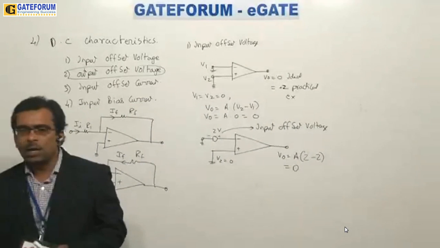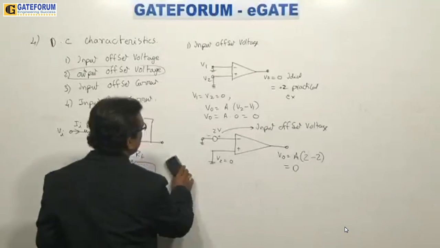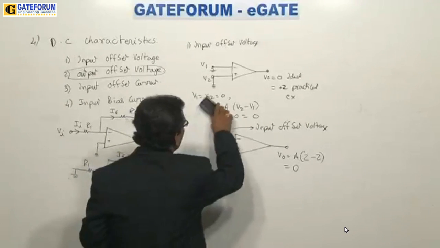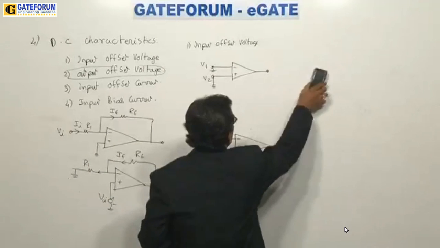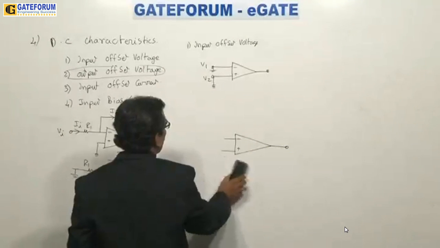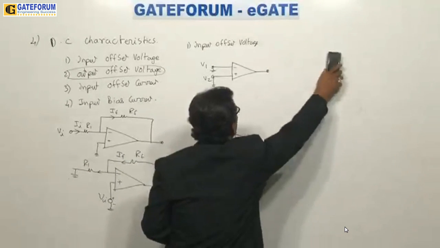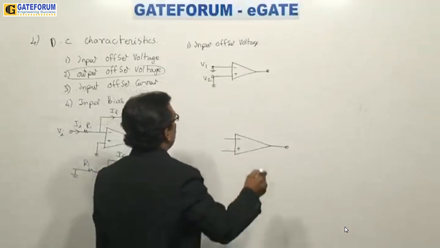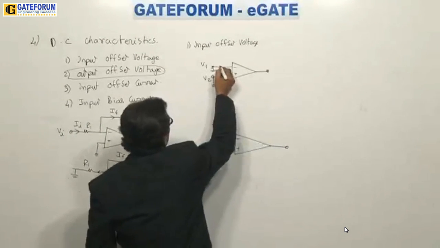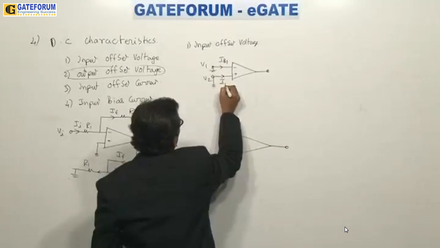Now, this is about input offset voltage. The next term we have, let us look here. Suppose that when these two are grounded, I need to have IB1 here and IB2 here.